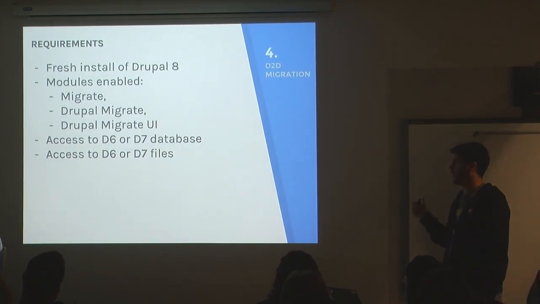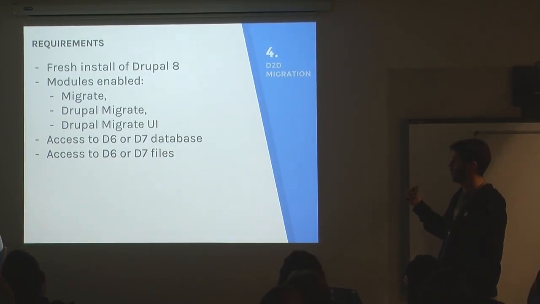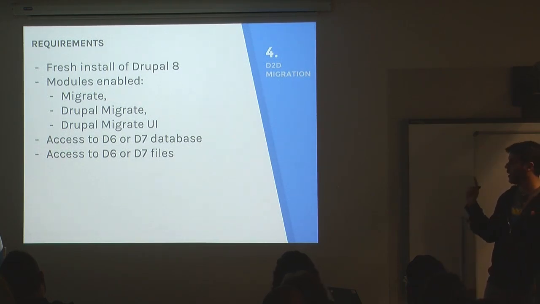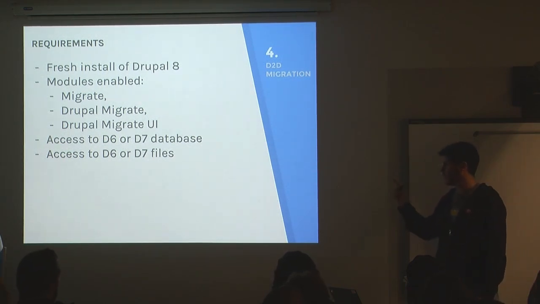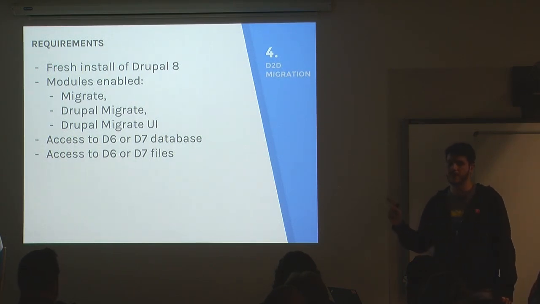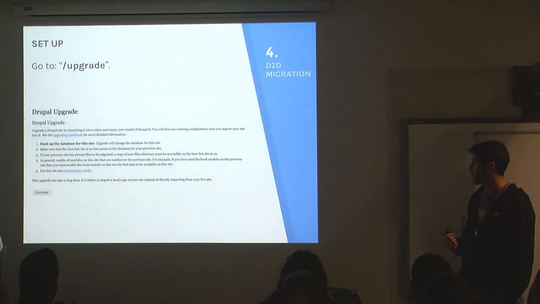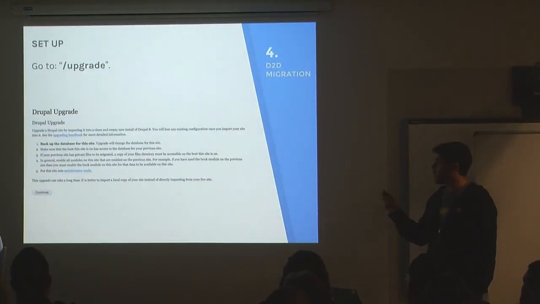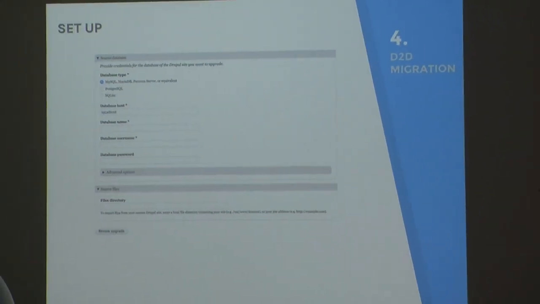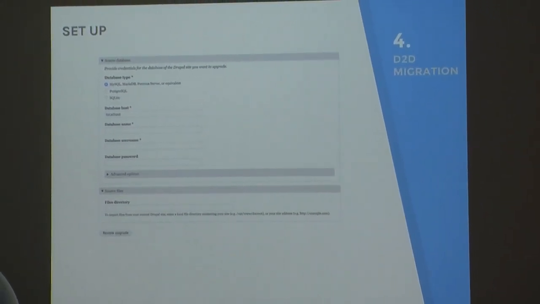Requirements: a fresh install of Drupal 8, modules enabled Migrate and Drupal Migrate UI, access to the Drupal 6 or Drupal 7 database, and access to the Drupal 6 or Drupal 7 files, if you have to migrate files. Go to Drupal Upgrade, you will see this page, continue, put in the access of the previous database.